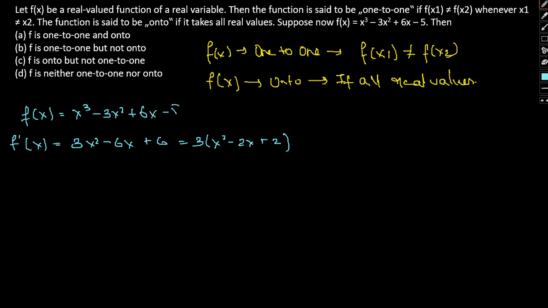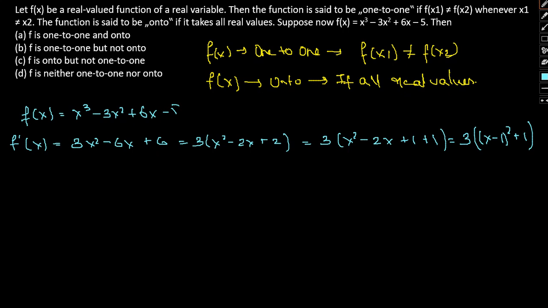Suppose we write 3 times x square minus 2x, so this is plus 2, right? We can write plus 1 plus 1, which can be further written as 3 times x minus 1 whole square plus 1.